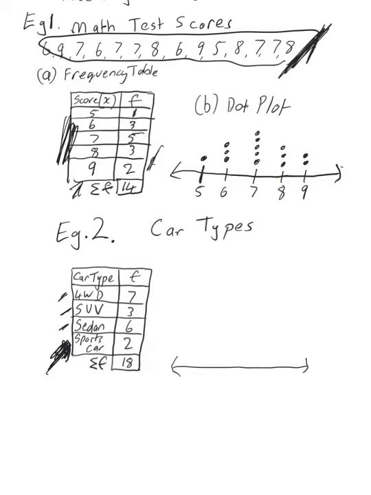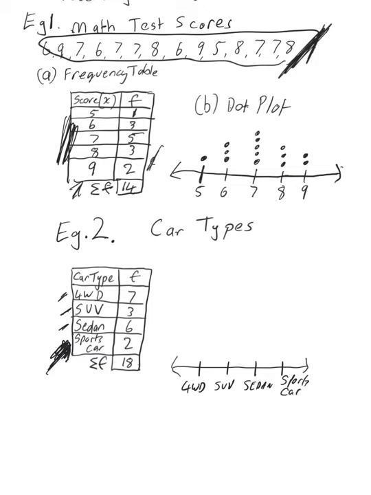So they are what goes on the bottom here on our x-axis. So this is 4-wheel drives, this is SUVs, sedans, and sports cars. I've left myself a little bit tight with the room.